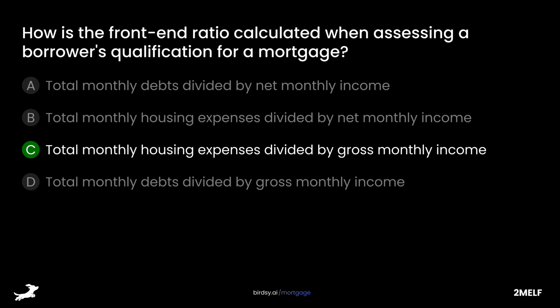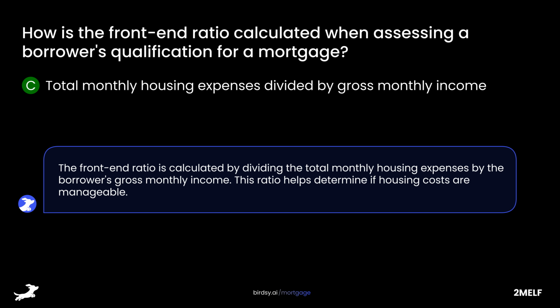The answer is C. Total monthly housing expenses divided by gross monthly income. The front-end ratio is calculated by dividing the total monthly housing expenses by the borrower's gross monthly income. This ratio helps determine if housing costs are manageable.